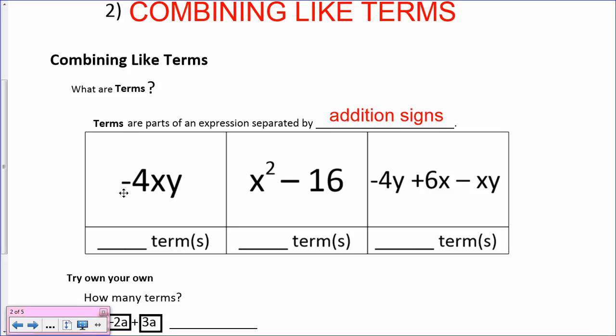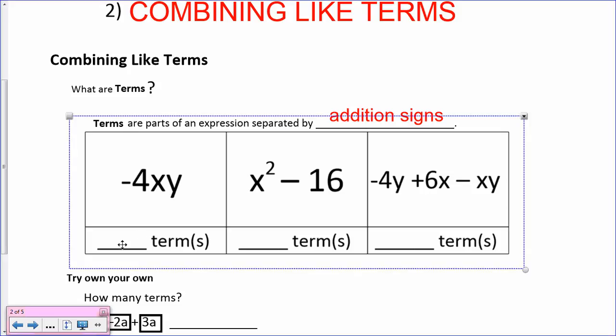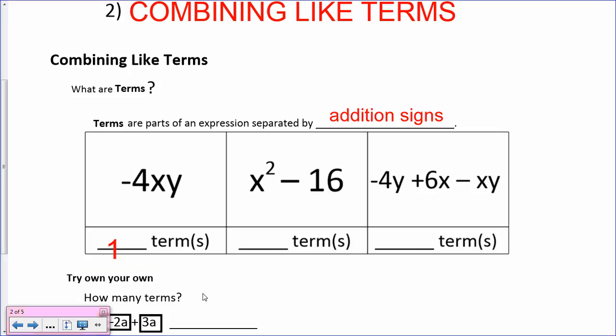Here we have one term. Negative 4xy is one single term. There's only one thing, no addition or subtraction with anything else. Here we have x squared minus 16.